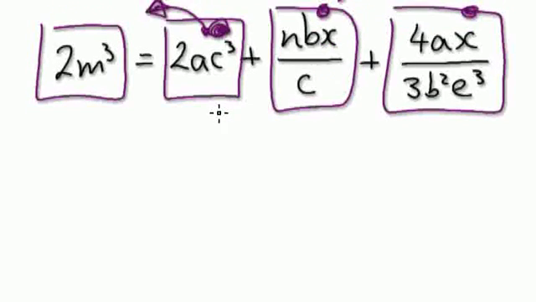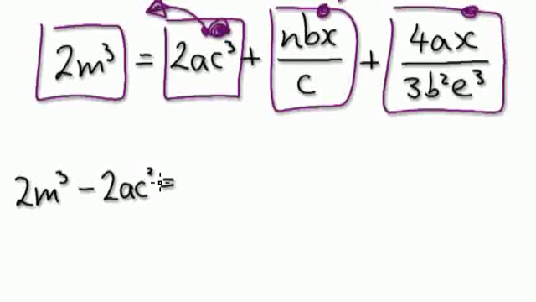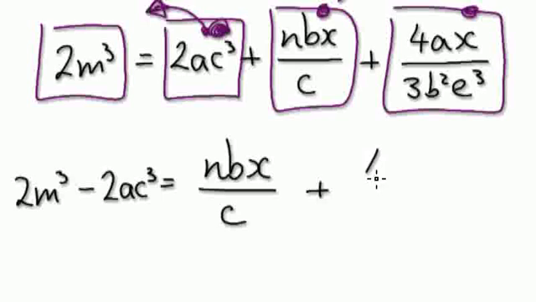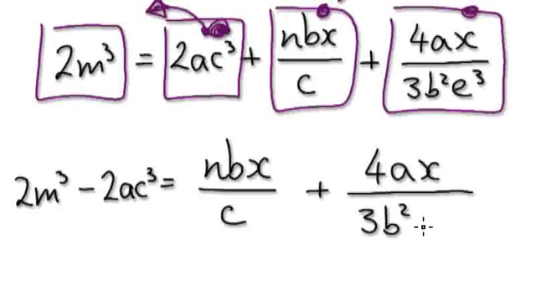Okay, so take away 2ac to the power of 3, so it will be this 2m to the power of 3. Take away 2ac to the power of 3. On this side, it will be nbx over c plus 4ax over 3b squared e to the power of 3.